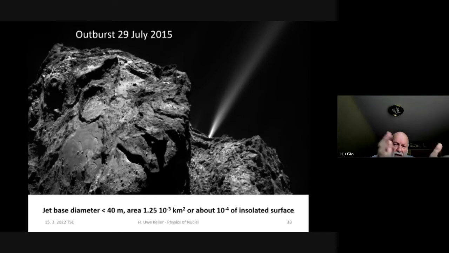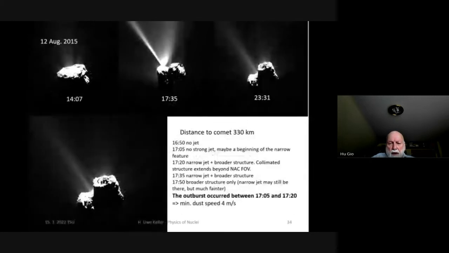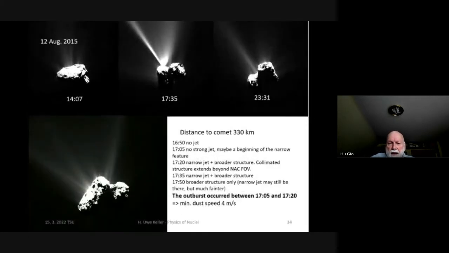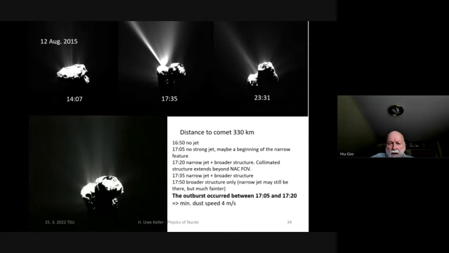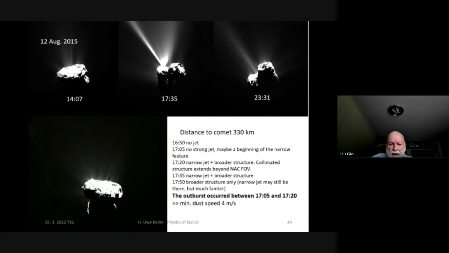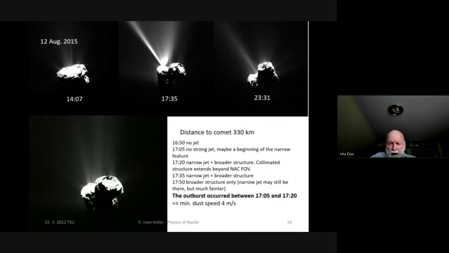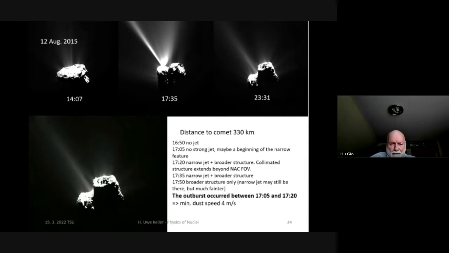We observed several tens of outbreaks, some larger, some smaller, whose physics is not very well understood. They are very concentrated and limited, very short term in some sense. Here is an example where the outbreak only lasts less than, I think, 20 minutes or so, between 1705 and 1720.